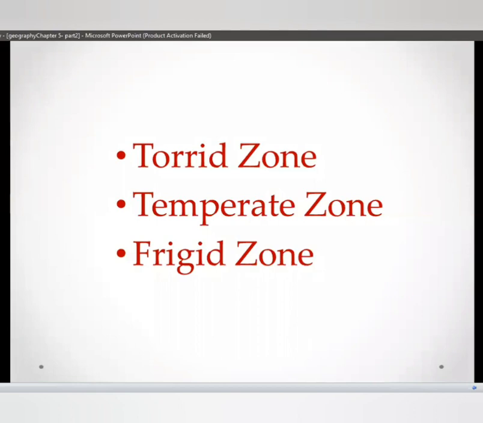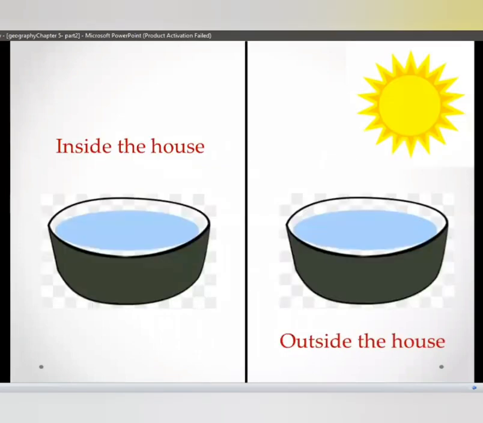Let's start with an example. Now, here is a picture of water in a bowl which is kept inside the house and outside the house.